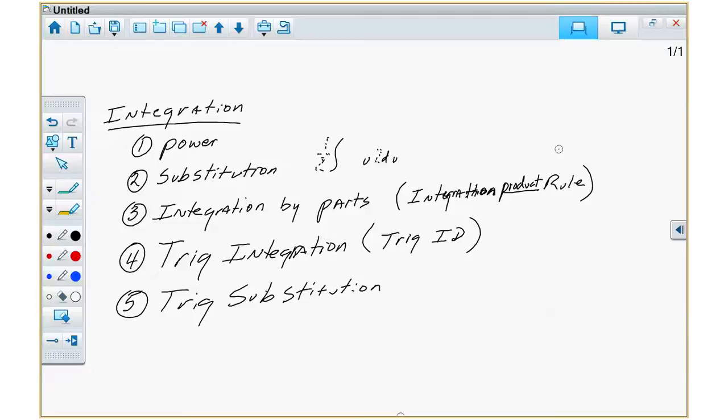The whole purpose for Calc 2, in my opinion, is to teach you to drill integration and derivatives, to where it's like factoring to you was with algebra. You learned it, and then you drilled it until when you were in calculus, you went, oh yeah, factoring. I know how to do that. Well, that's what you should be doing with trig substitution.